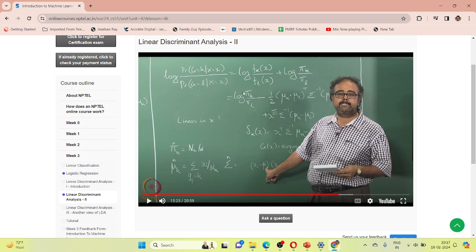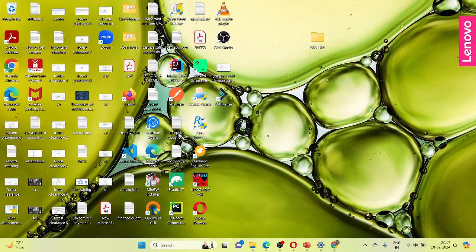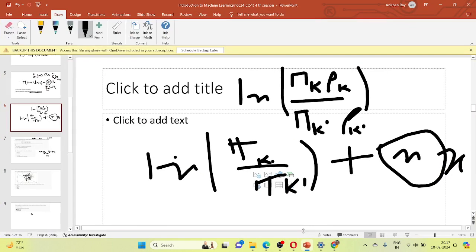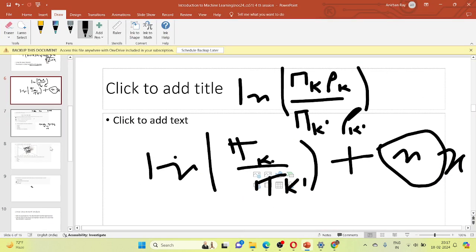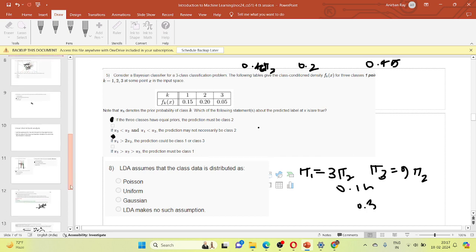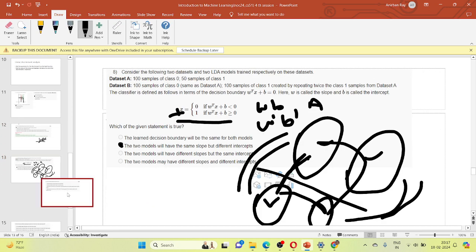As they are different, the intercept will be different. That is the basic theory. Okay, let's move on.